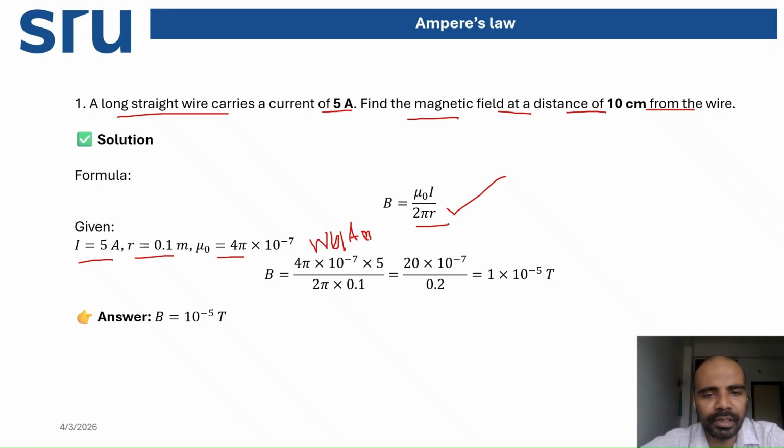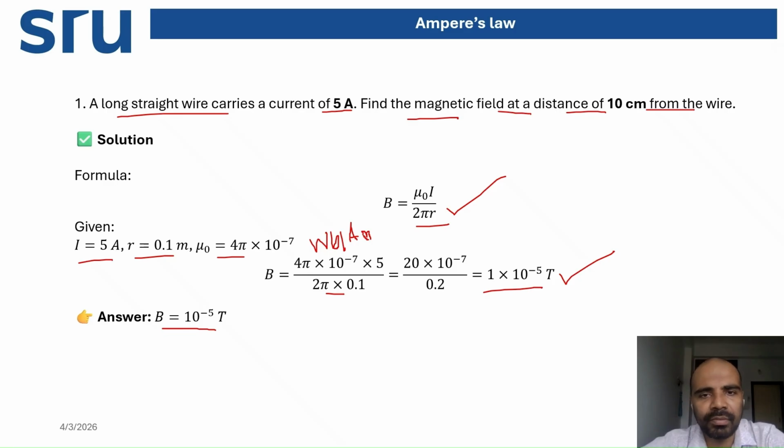So 4 pi into 10 to the minus 7 into 5 divided by 2 pi into 0.1, and you will get 1 into 10 to the power minus 5 Tesla. This is the magnetic field at a distance of 10 centimeter from the wire.